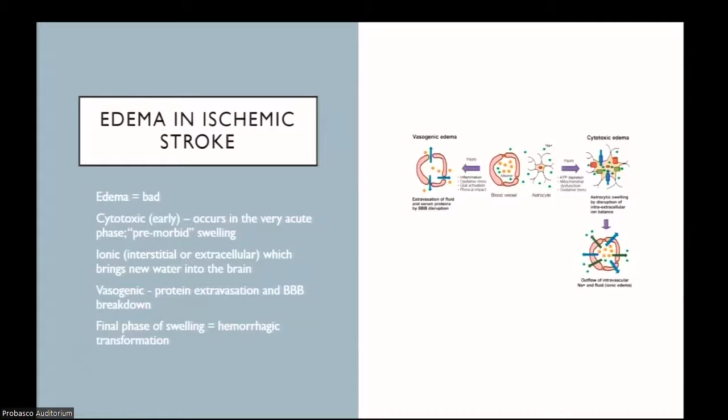And then ionic edema is the middleman between cytotoxic and vasogenic edema. It often occurs with blood-brain barrier breakdown, usually around 4 to 6 hours after stroke. Usually the edema stems from blood and CSF.